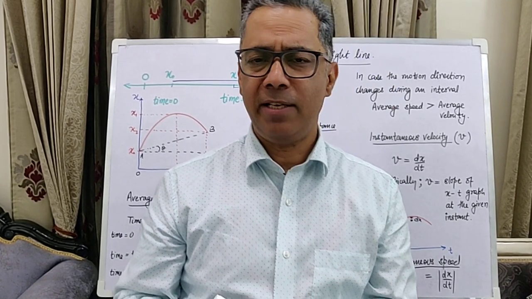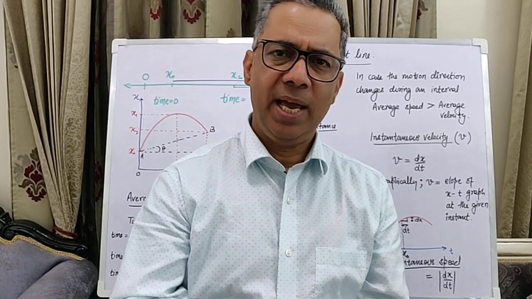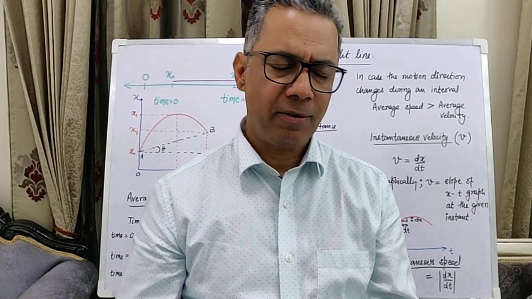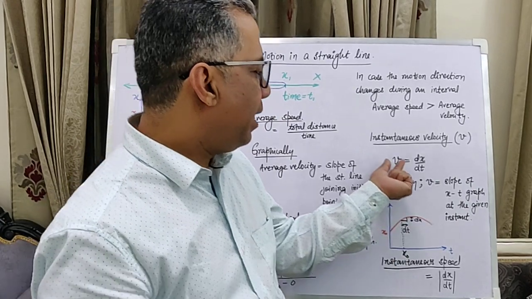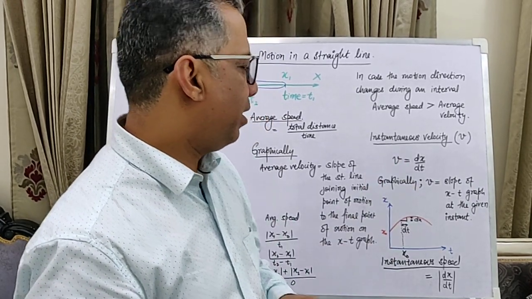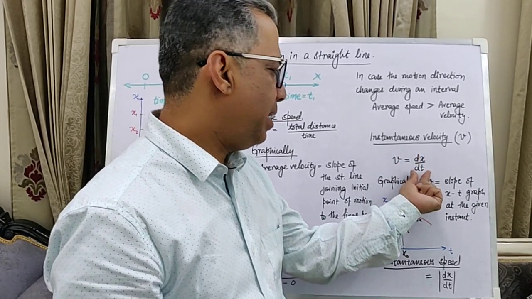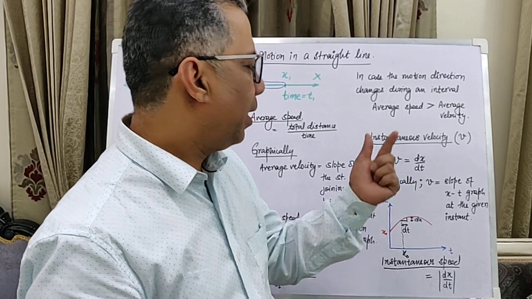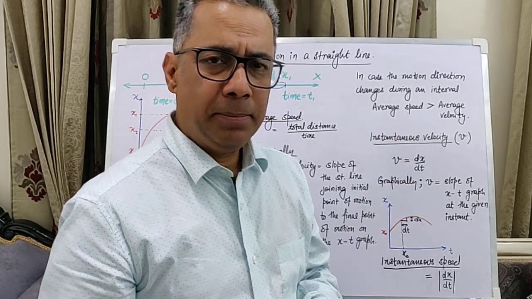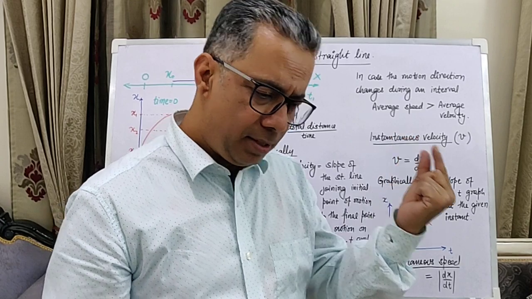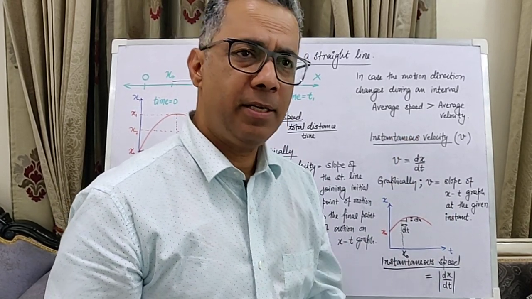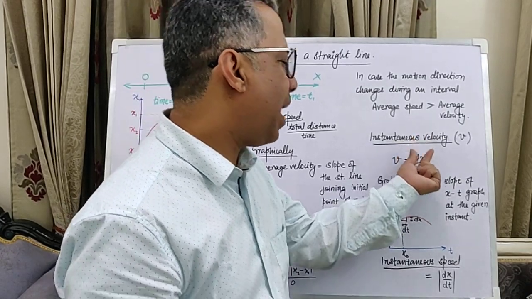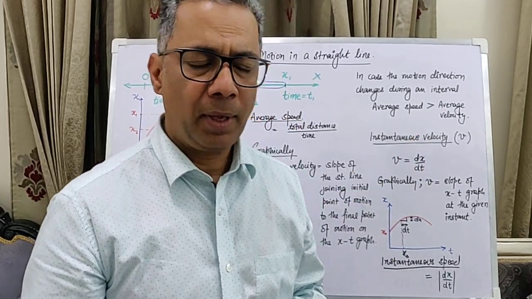If we now divide this dx by dt, we get the instantaneous velocity at a given instant. So the instantaneous velocity during a motion is dx by dt, and for the same instantaneous calculation, the instantaneous speed ends up being the magnitude of this quantity.